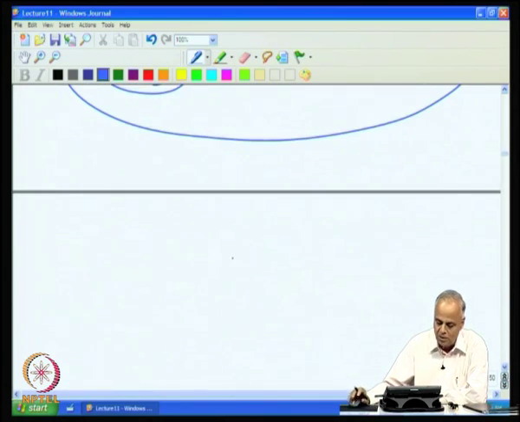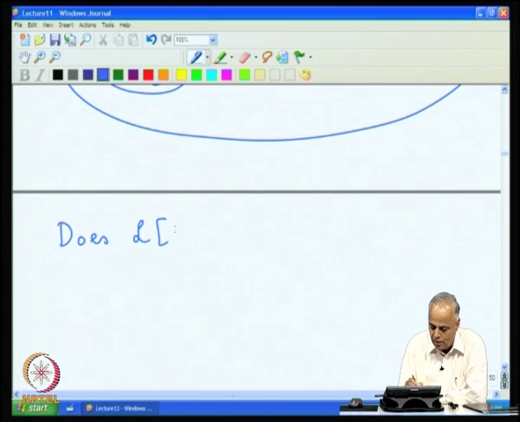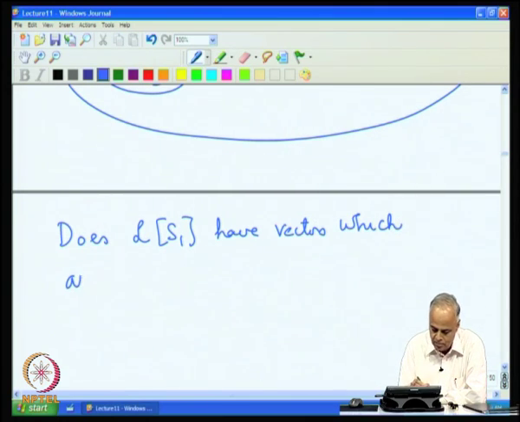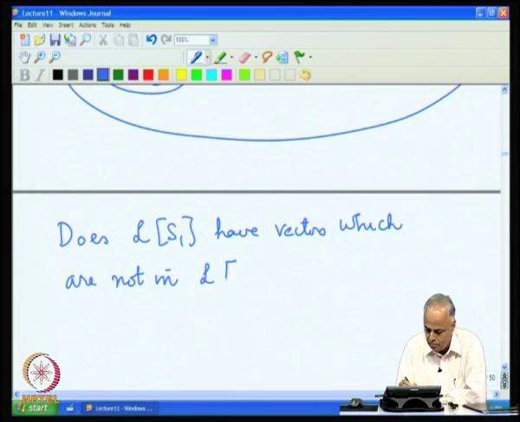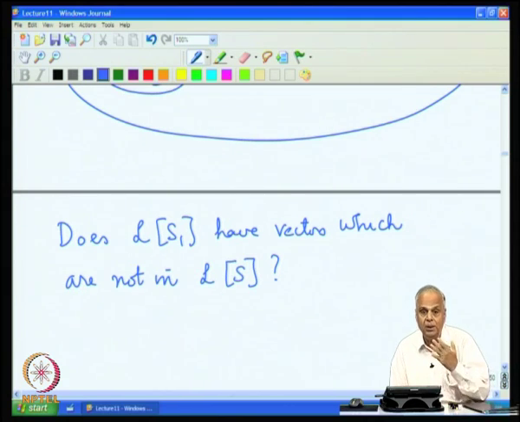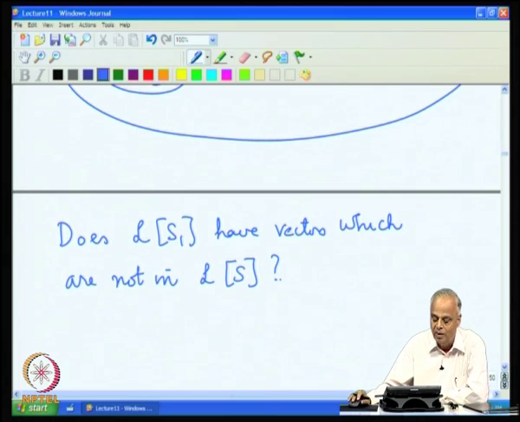So, we want to investigate, does LS1 have vectors which are not in LS? If it is so, then we could have continued our building process with these various subsets of LS.